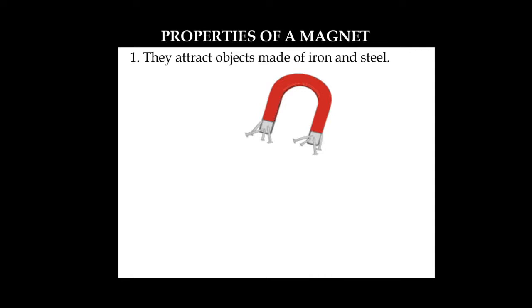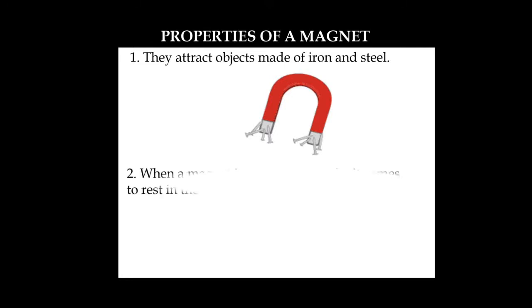So this picture shows this horseshoe magnet has attracted the materials which are made of iron and steel. So these pins or nails, most of the time they are made of iron, sometimes they can be made of steel, so they can be attracted by magnet.